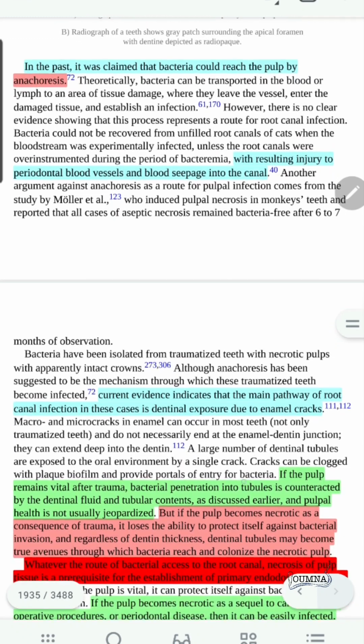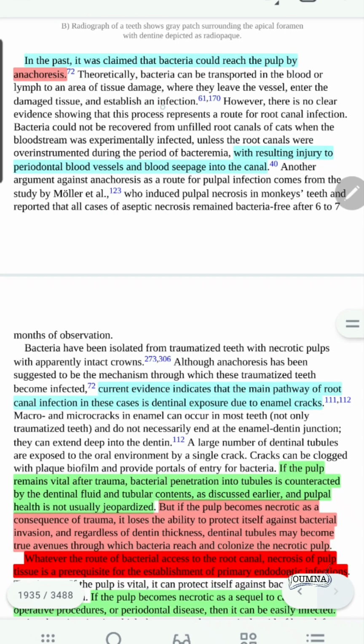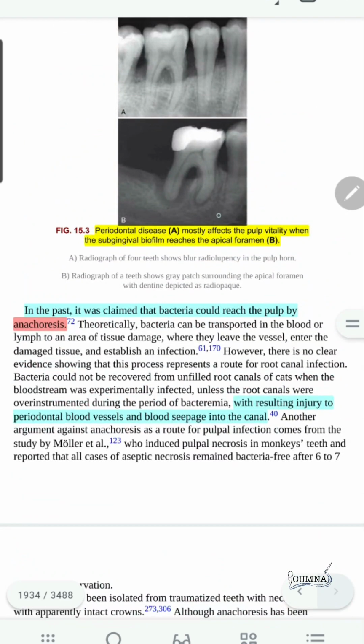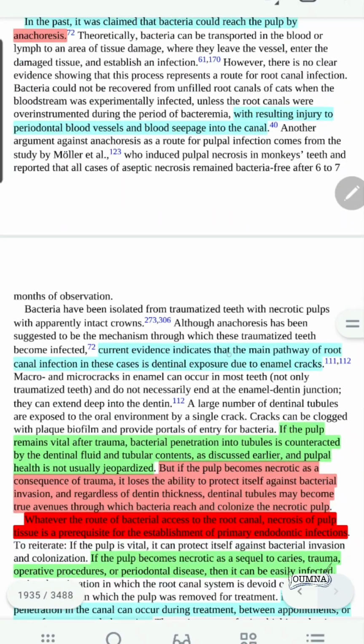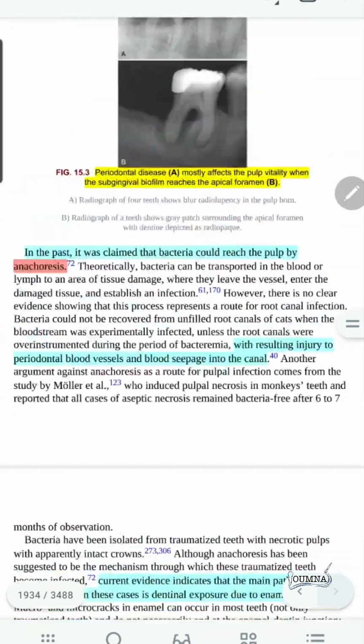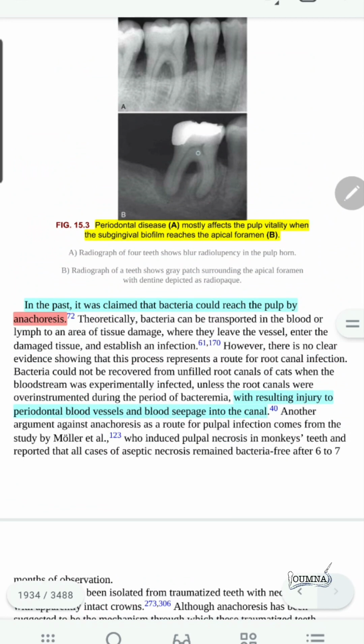There was a misunderstood concept titled anachoresis that claimed that bacteria reach the apex from the blood. When the blood has bacteria, they said that it may reach the pulp and cause its infection.